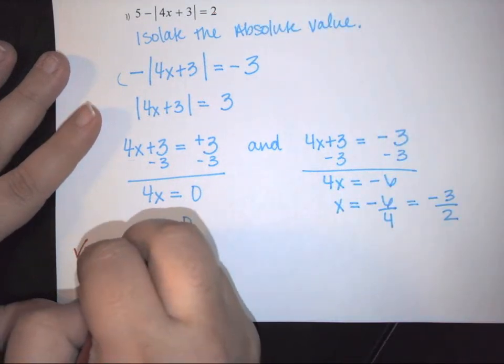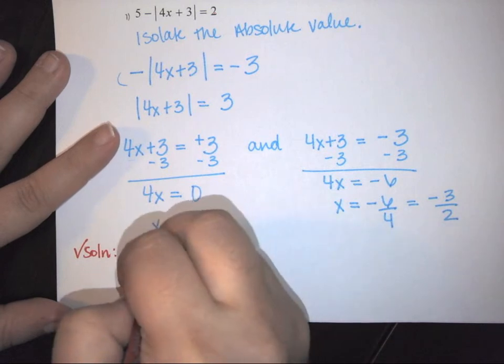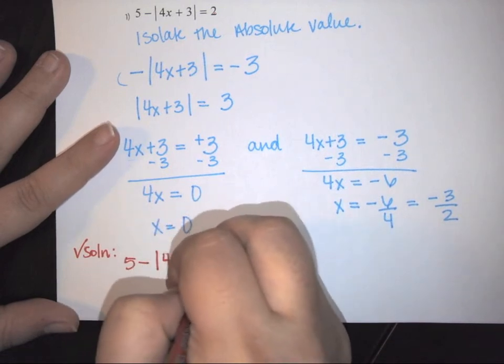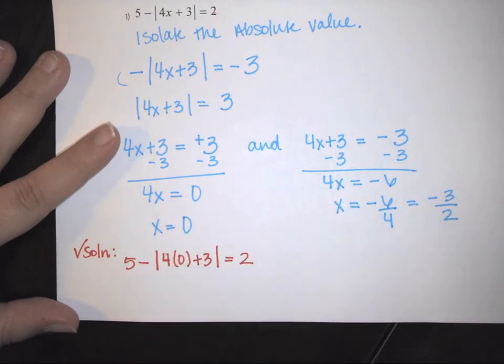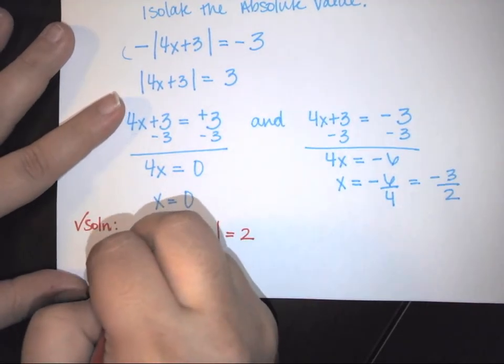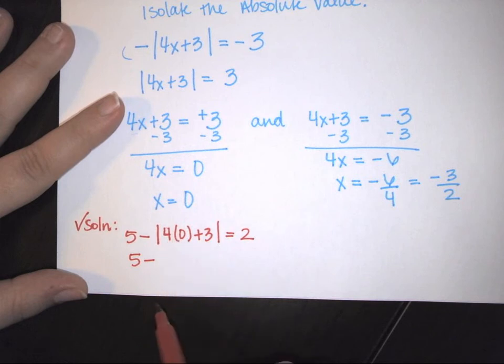So I have 5 minus the absolute value of 4 times 0 plus 3, and that should equal 2 as a result. So here I'm going to do the math. This becomes 4 times 0 is 0, plus 3 is 3.